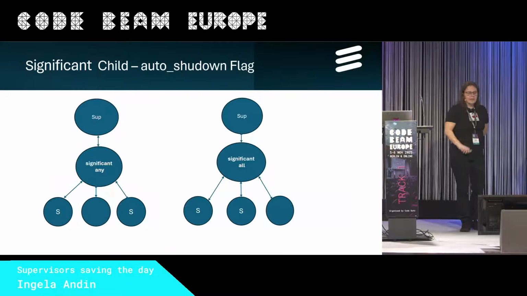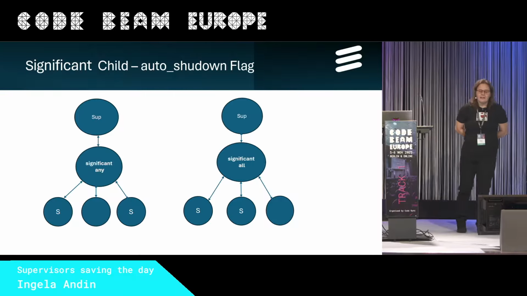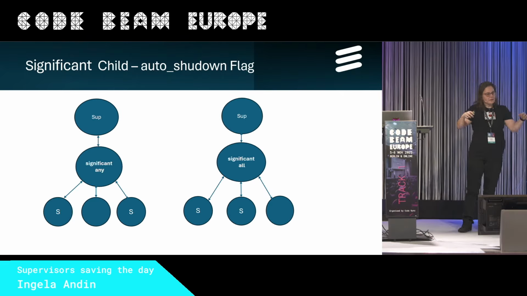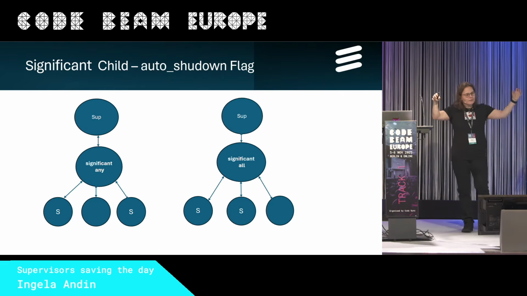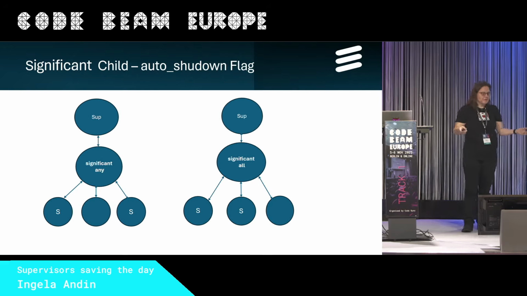So let's get back to the significant part. We've been talking about shutting down and restarting, but this all happens from the top of the supervision trees. You can only shut down your own process, but what if you want to shut down the sub-tree that you are part of from the worker?